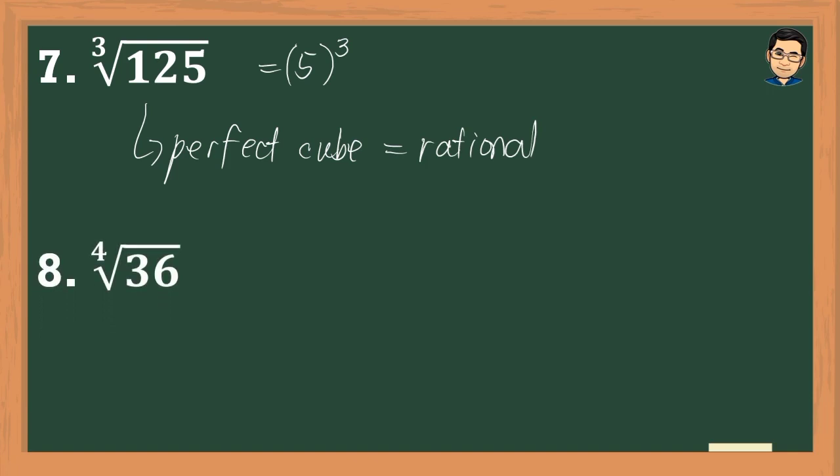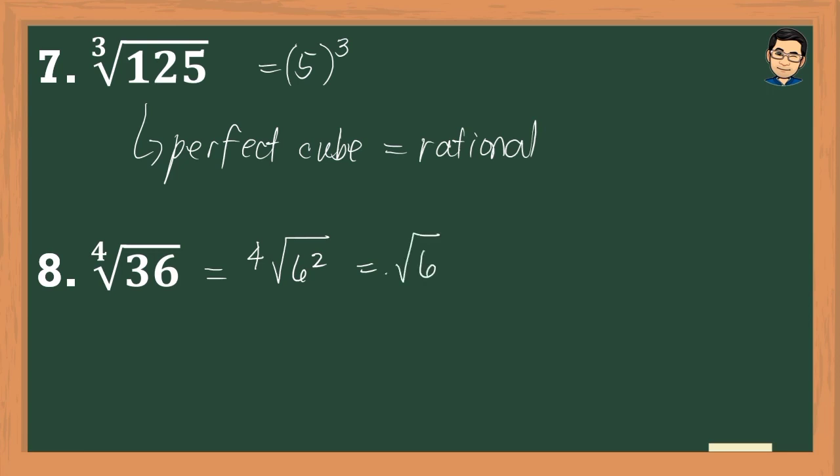Next, the fourth root of 36. Okay. So yung 36, perfect square siya, di ba? Pero ang tinatanong dito is fourth root. So yung fourth root of 36, pwede natin siyang isulat as ganito: fourth root of 6 squared. And then pwede natin isimplify yung 4 tsaka 2. So magiging square root of 6 lang.